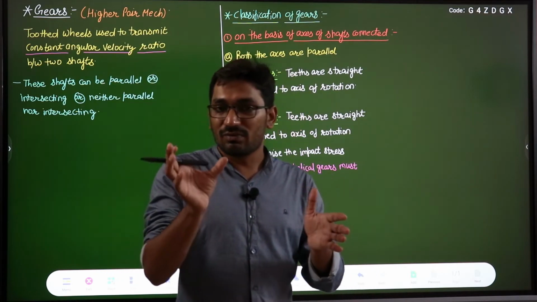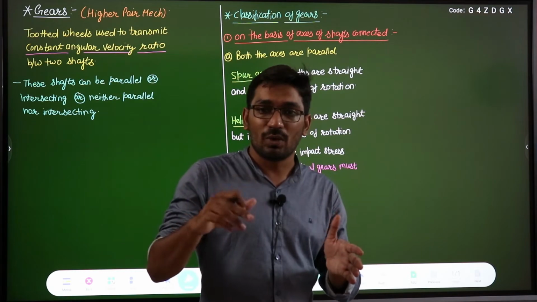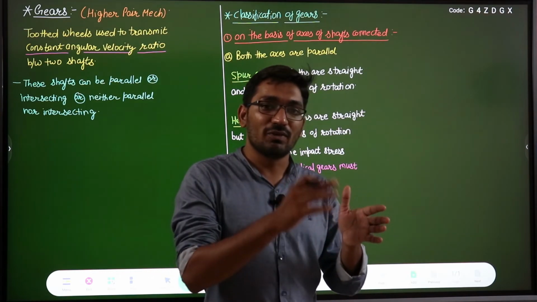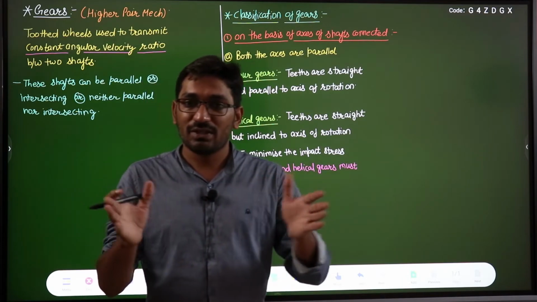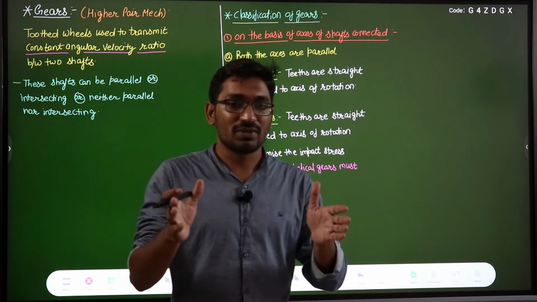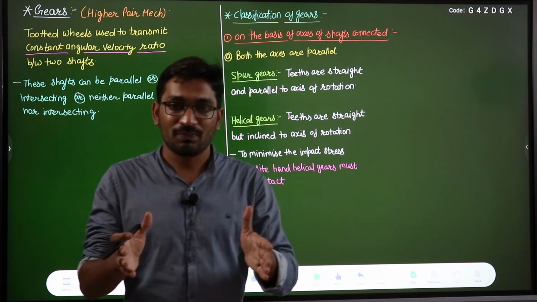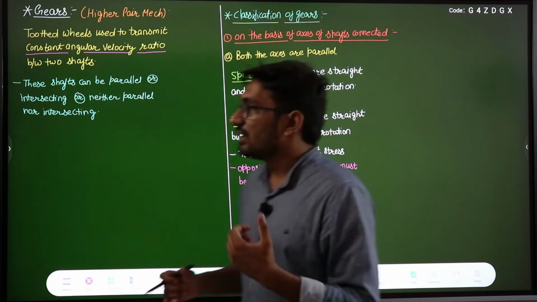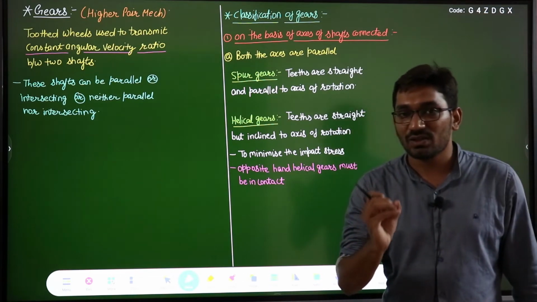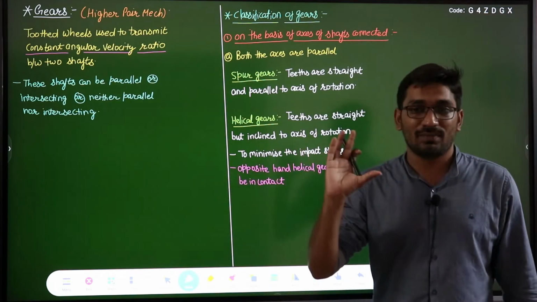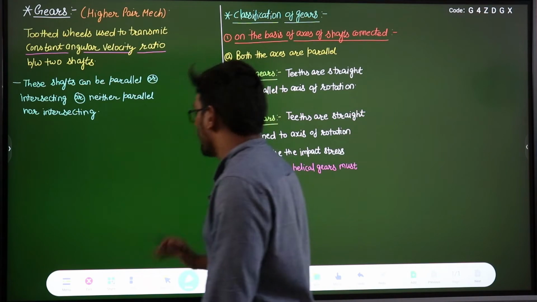Suppose in the first 30 seconds the revolutions are more, and after 30 seconds the revolutions are fewer. On an average we have a constant or an average RPM. But we are saying that gears maintain the constant angular velocity ratio at each and every instant.